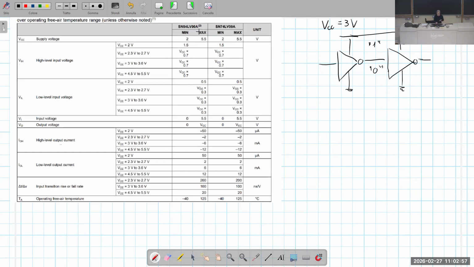Actually, there are different versions of the gate. For reference, just consider this first column. We have that VIH minimum is VCC, that is the supply voltage, times 0.7. So we have that VIH minimum is 0.7 times 3 volt, 2.1 volt.